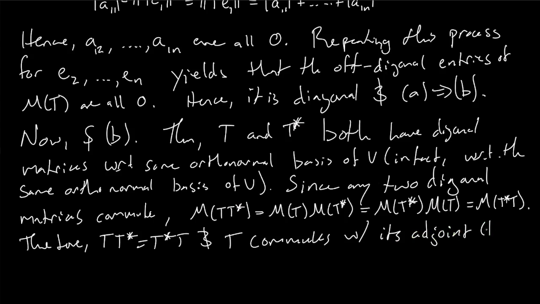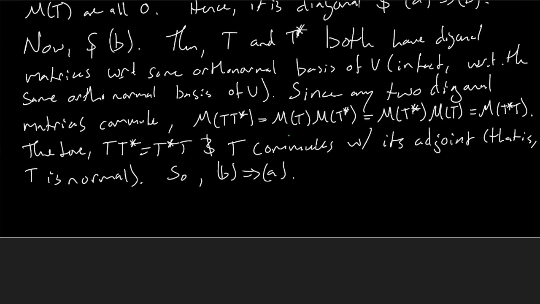That is, T is normal. That's what it means to be normal, that you commute with your adjoint. So, B implies A. Okay, we've got A implies B, we've got B implies A.